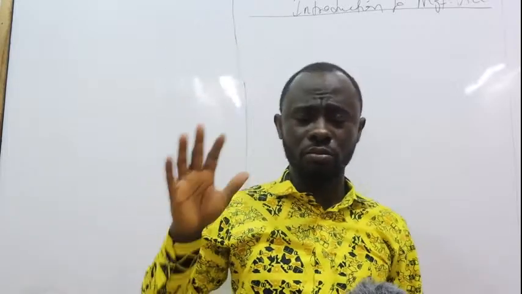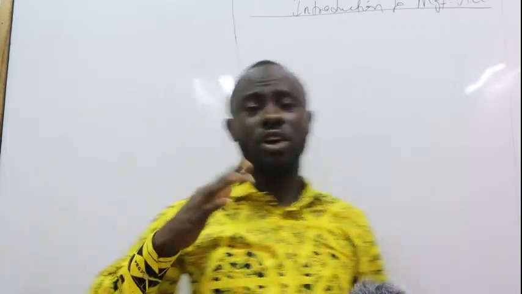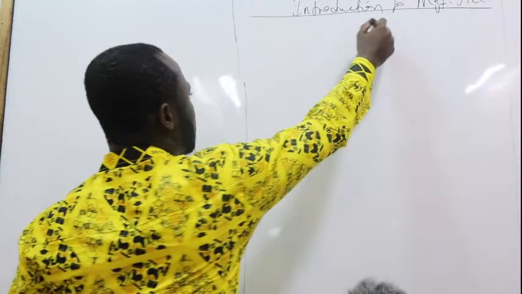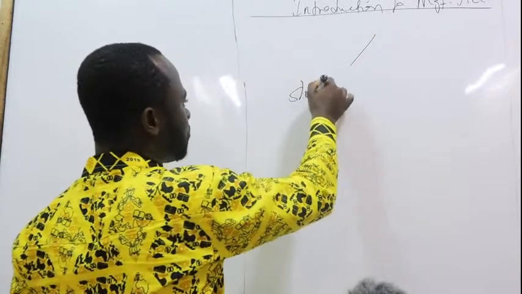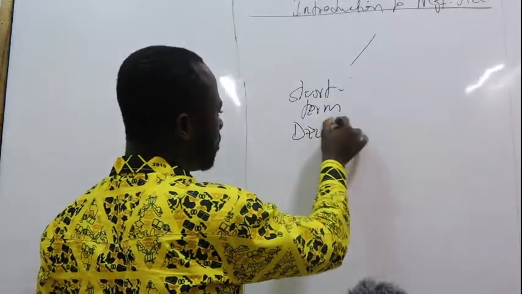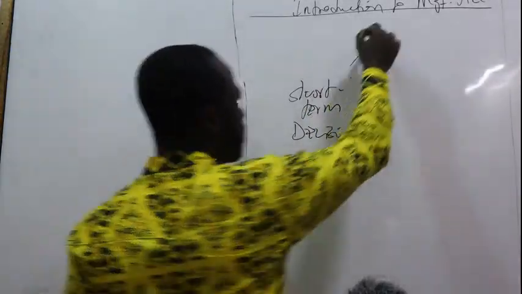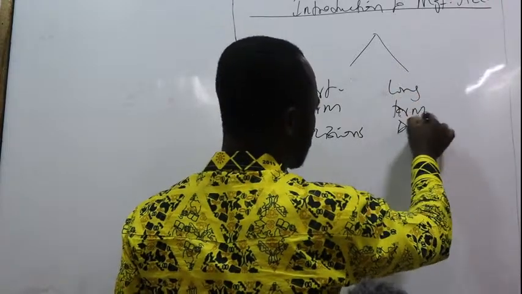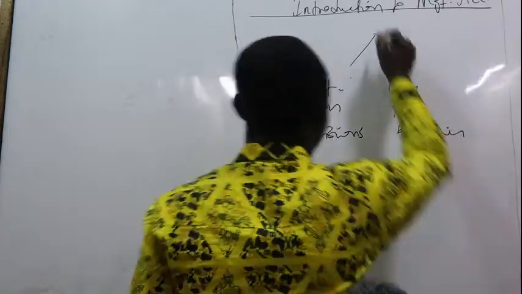Now, when it comes to management accounting, off the bat, there are a couple of key issues that you need to understand. Number one, issues about short-term decision making. Short-term decisions, very critical. Then long-term decisions, critical.